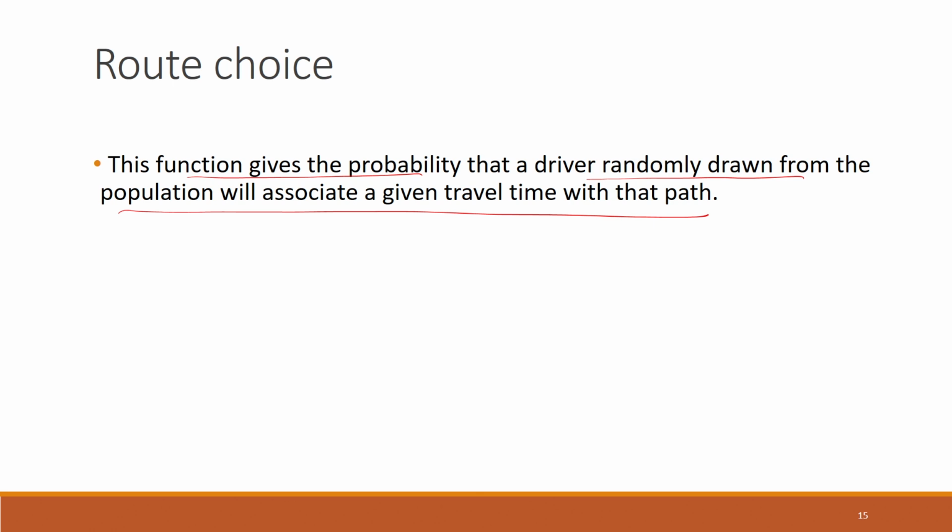So there is a travel time distribution for every path. That distribution defines that if we have an individual traveler from the population, the travel time that he might experience will be a random value from that distribution.